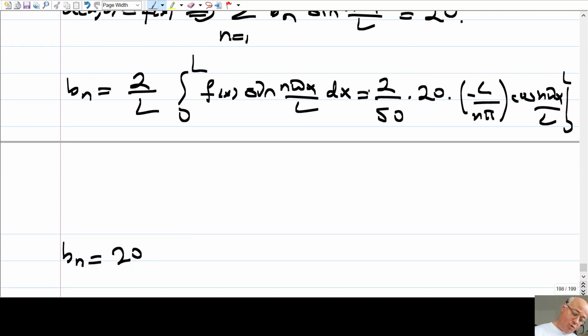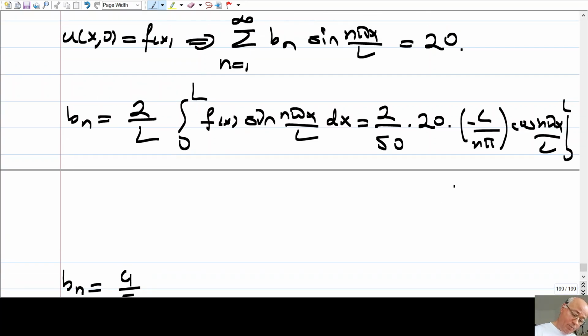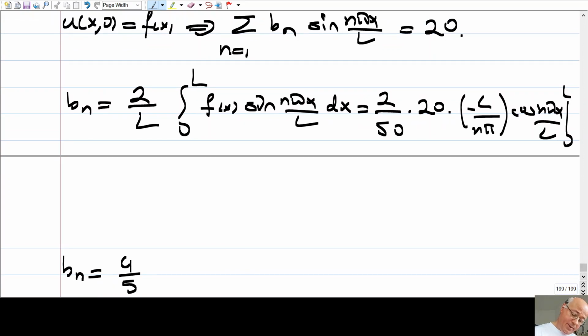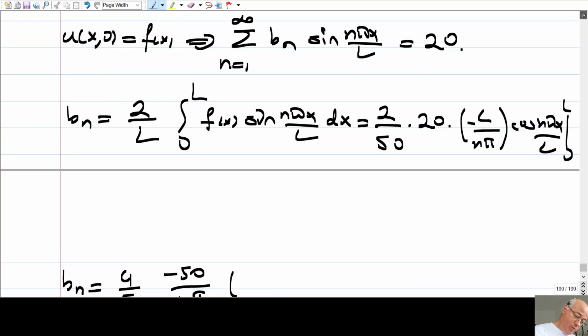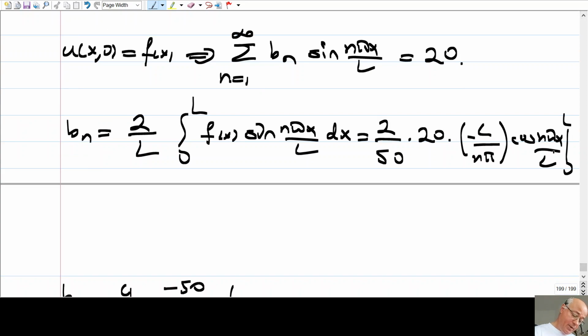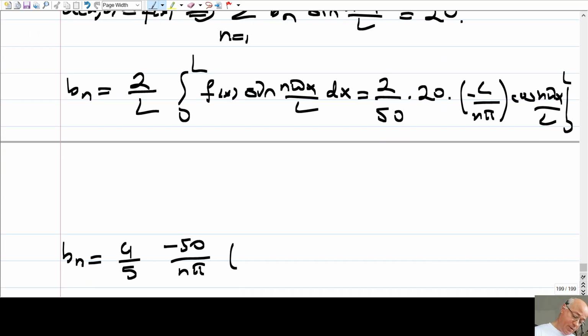Dolayısıyla şimdi burası ne oldu? 4 bölü 5, çarpı eksi 50 bölü n pi, kosinüs. L yerine pardon, x yerine L yazarsak n pi gelecek.